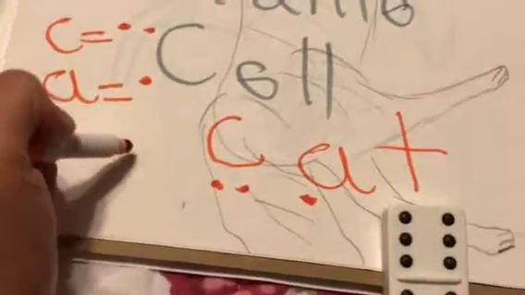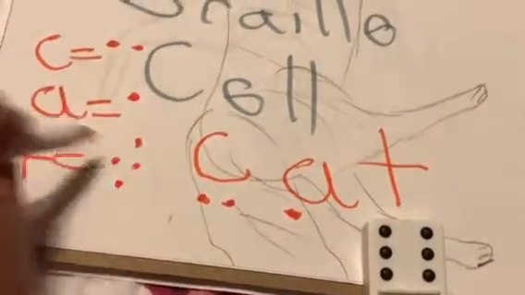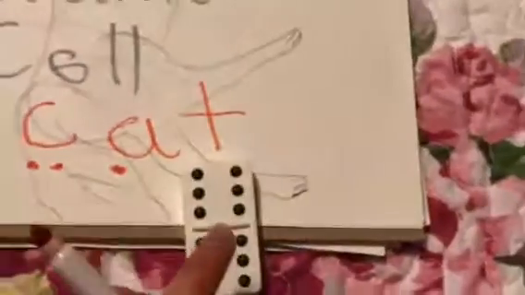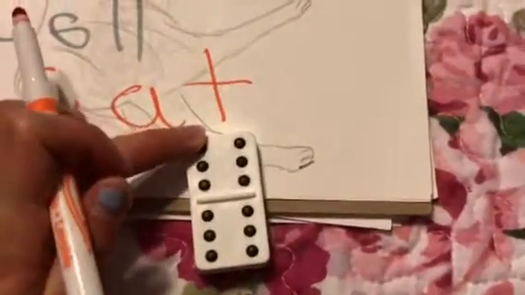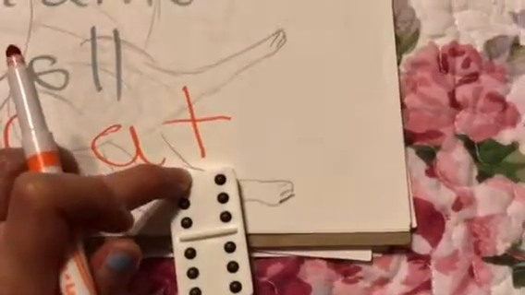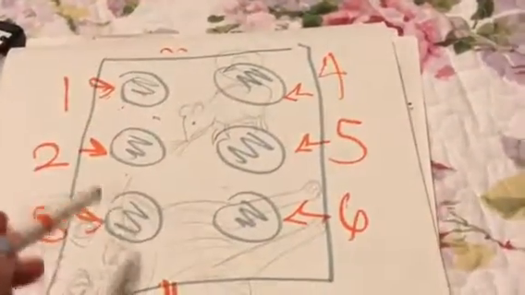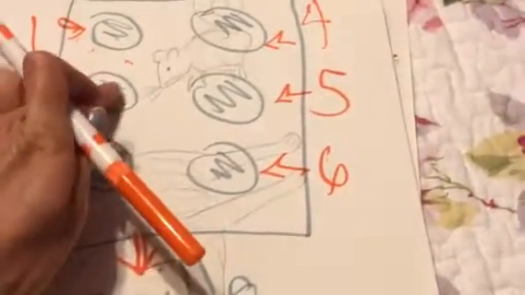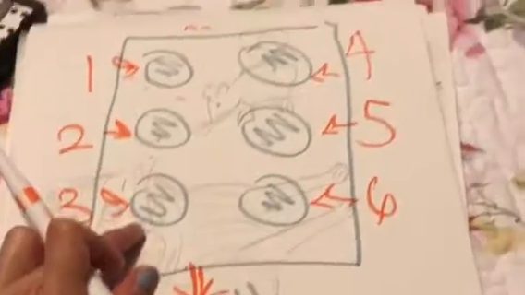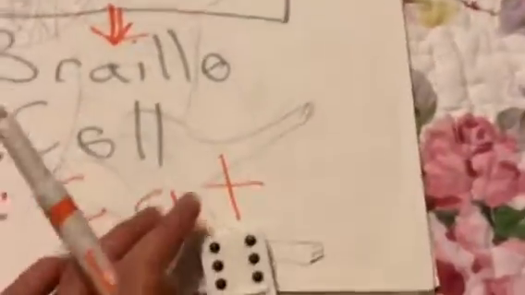T equals 2, 3, 4, 5. I'm sorry, I'm just going to mark this up. So we know dot 1 is omitted, that's why I'm pressing down on it, and dot 6 would be omitted. So we know our Braille cell, 1, 2, 3, 4, 5, 6, and for T, we would use 2, 3, and go up on the top right-hand corner, 4 and 5.